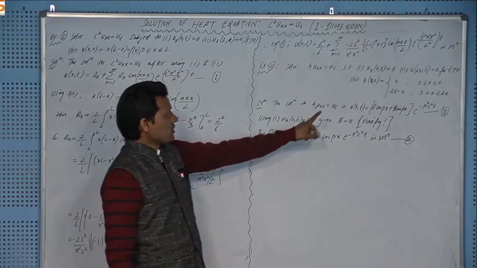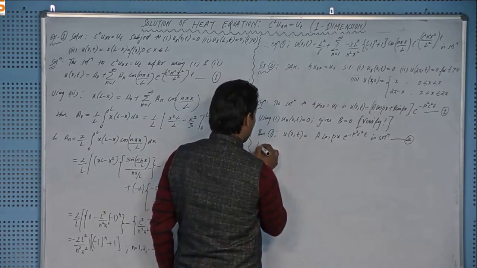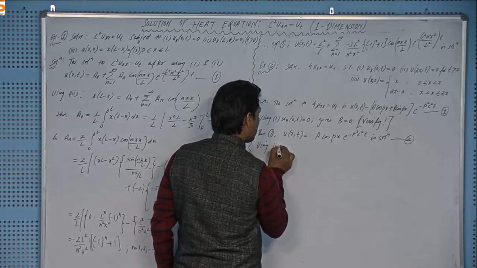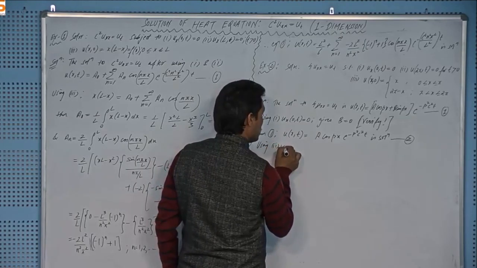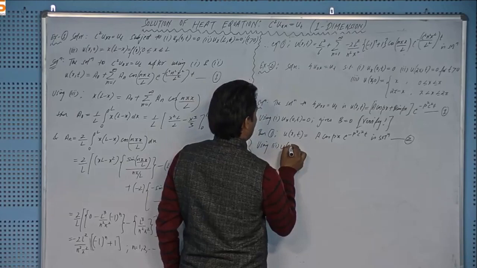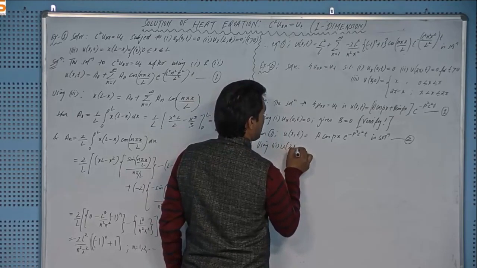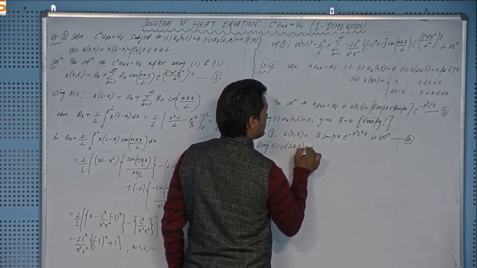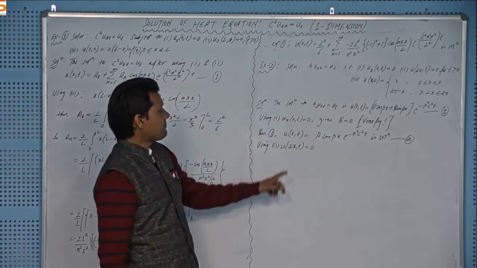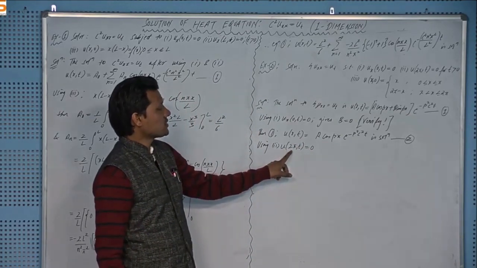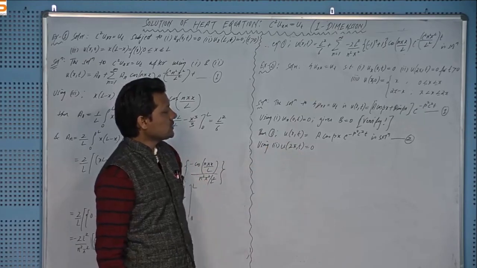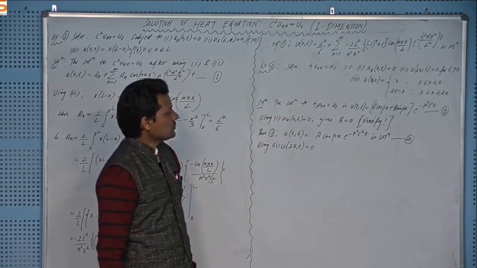Now I should impose this condition number 2 on it, and that is actually u(2 pi, t) equal to 0. What does it mean? I have to put x equal to 2 pi, t equal to t, and equate that to 0.